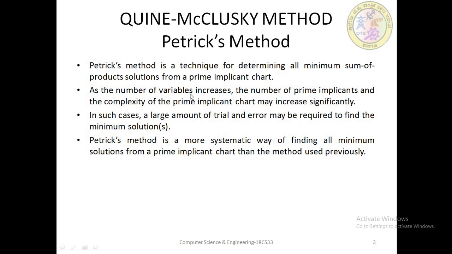Let's move on to the next topic, which is the Quine-McCluskey method with Petrick's method. You might be wondering what Petrick's method is. Till now we have seen the K-map and Boolean algebra to solve truth table functionality.